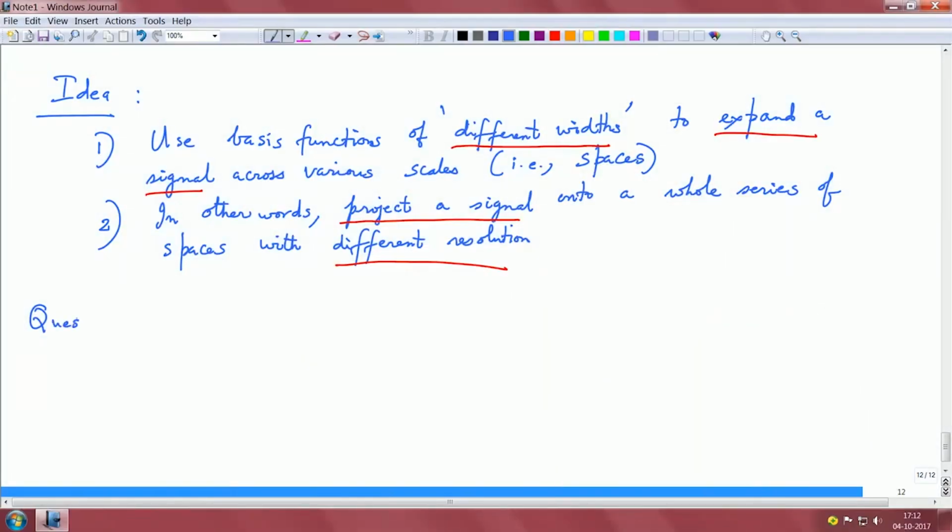Now, with this idea in mind, we may get a few questions in our mind. The first question is, can we reconstruct the signal perfectly?